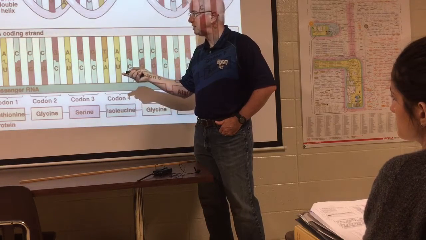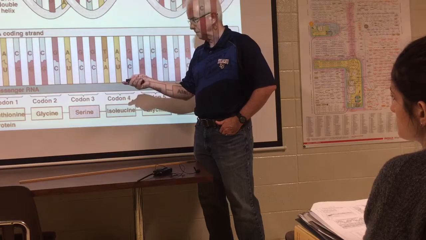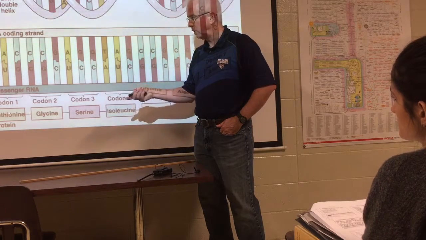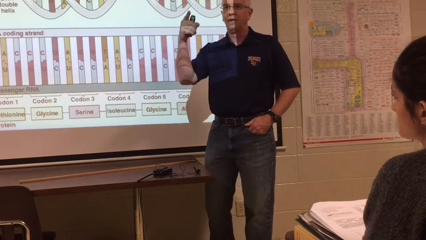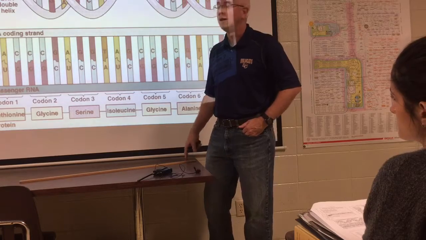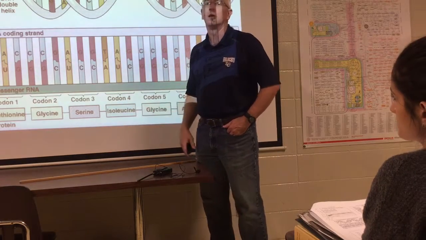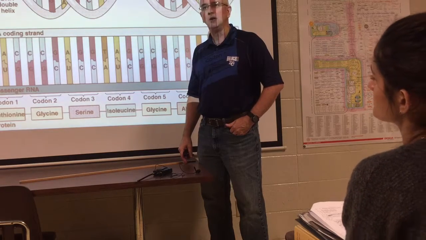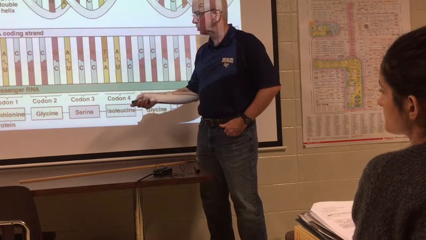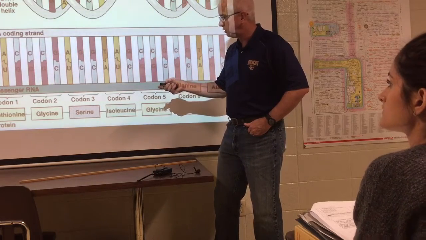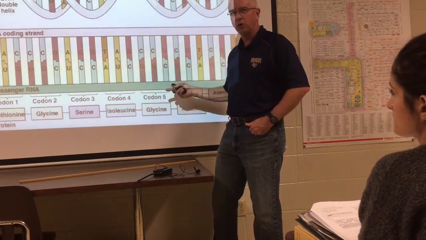So TAC on the DNA strand gives rise to AUG on the messenger RNA, which will always code for methionine. That is normally the first amino acid for any protein made in the human body. It is arguably the most famous codon in anatomy. AUG gives instructions for methionine. The next 3 base sequence here, GGC, codes for glycine, and on we go.